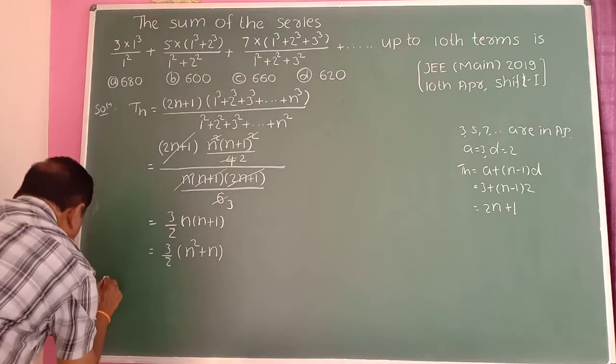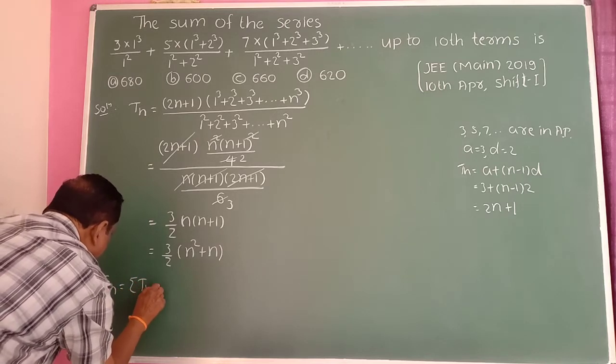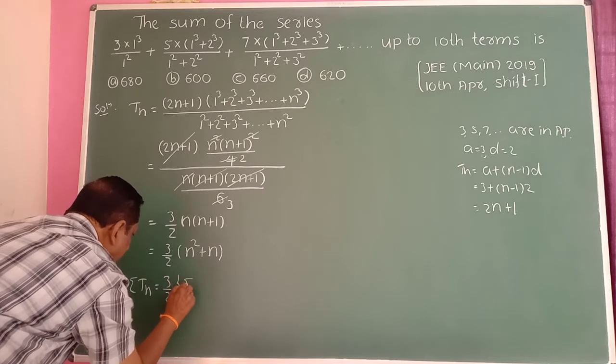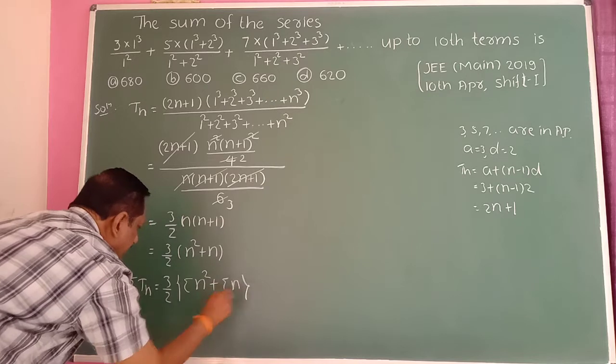Therefore, Sn is equal to summation of Tn, 3 upon 2 constant, into summation of n square plus summation of n.